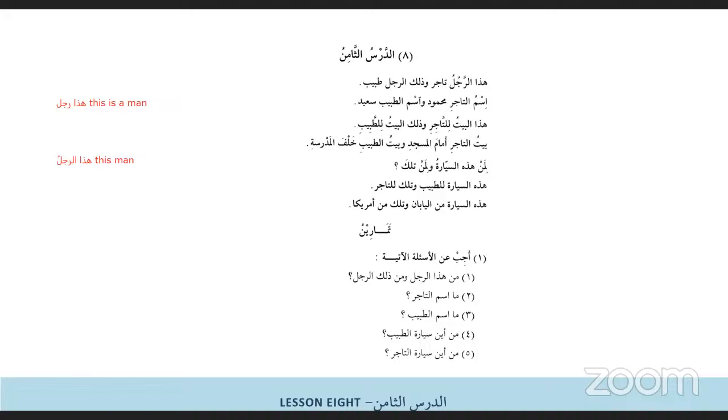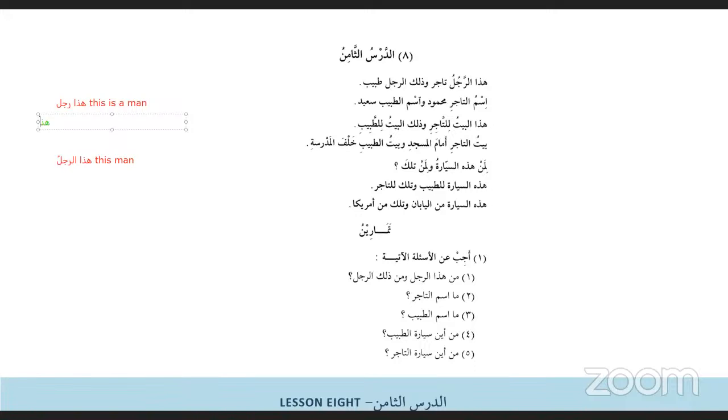First one is مبتدأ خبر جملة مفيدة. Very good. So the first one, let's get the tarkib down for the first one. I'll just do that in green, inshallah. هذا رجل is a complete sentence.